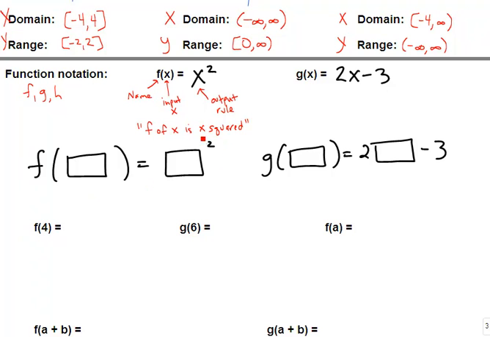When we're first learning how to use function notation, it's sometimes helpful to rewrite your function not in terms of x, but in terms of any input at all. So this could be f of whatever equals whatever squared, or g of stuff equals 2 times that stuff minus 3. So it's just an alternative way to think of your function.